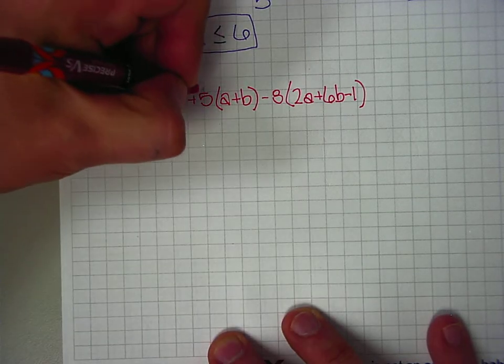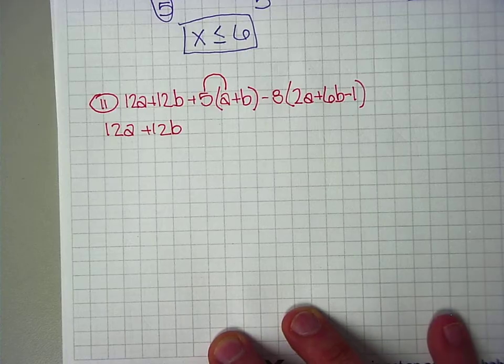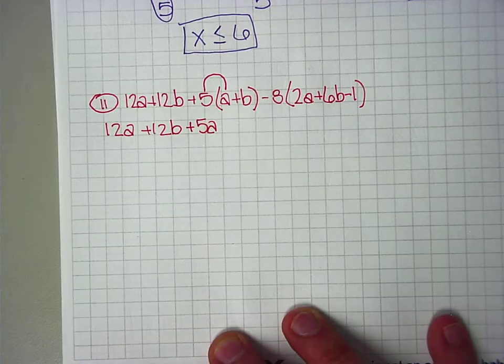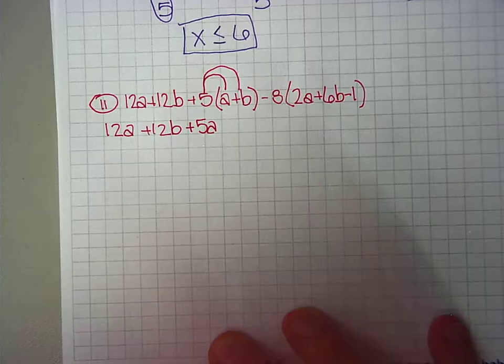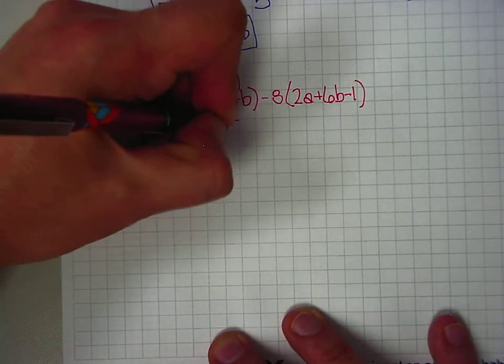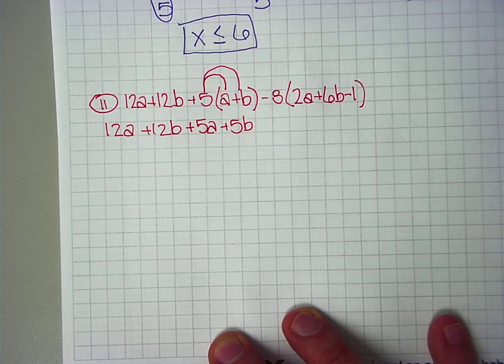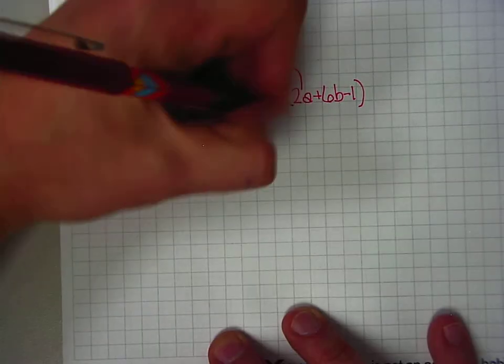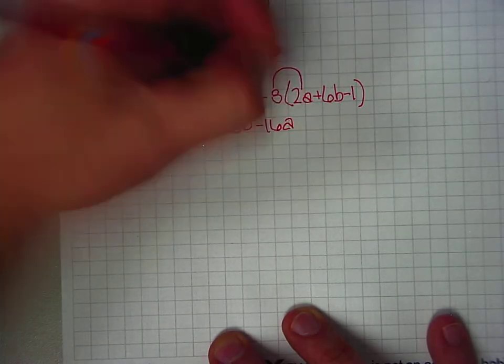Now I'll begin to distribute. Positive 5 times an a is a positive 5a. Positive 5 times a positive b is a positive 5b. More distribution. A negative 8 times a positive 2a is a negative 16a.